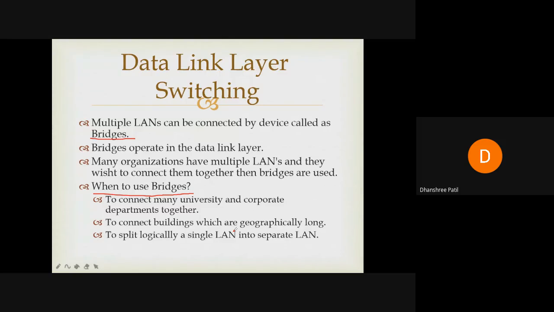So it is feasible to have a separate LAN in each building and connect them with bridges, rather than using a single cable for an entire site. For example, in our college also, engineering is a separate building and pharmacy is a separate building, right?